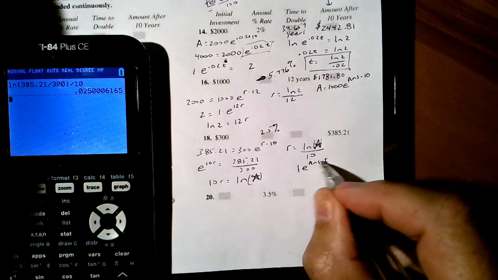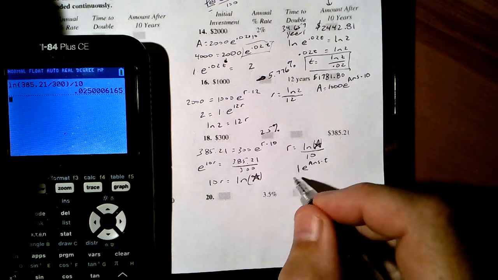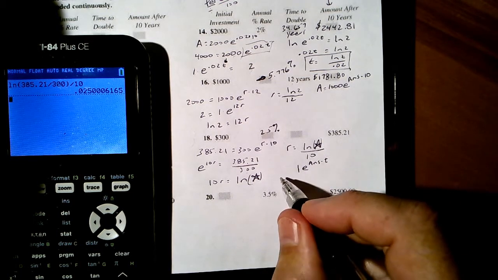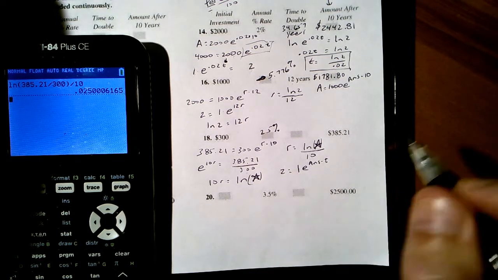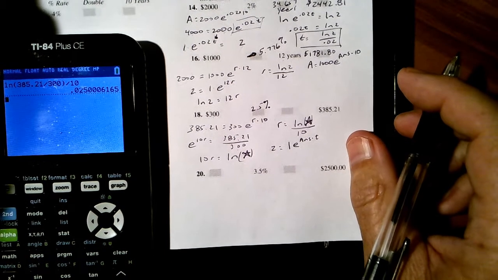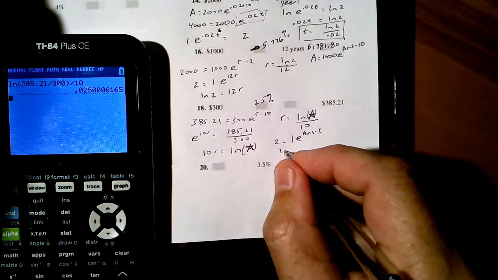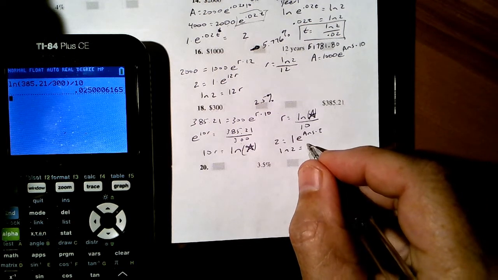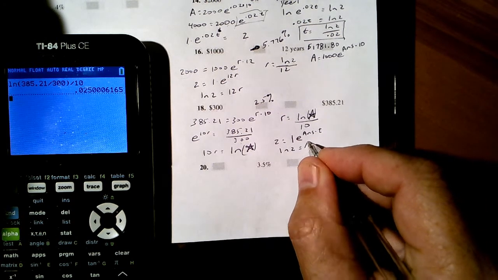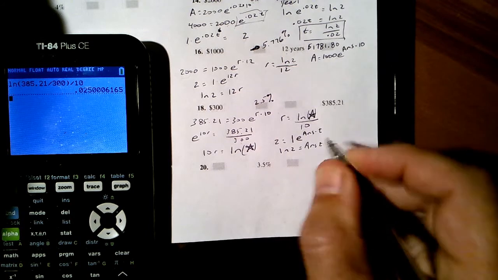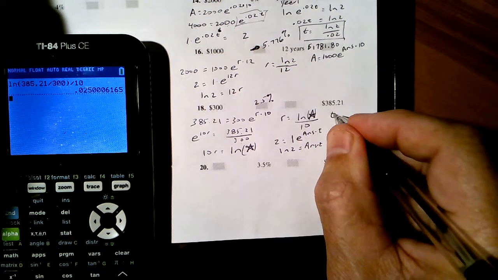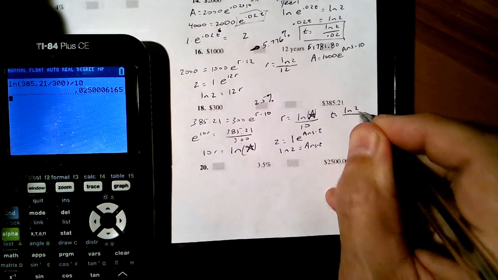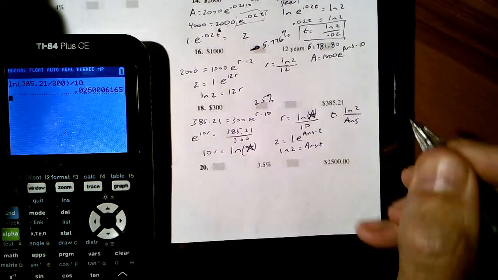I'm going to have $1. See how long that takes us to get to be $2. ln both sides. ln2 equals ans times t. So t equals ln2 divided by ans.